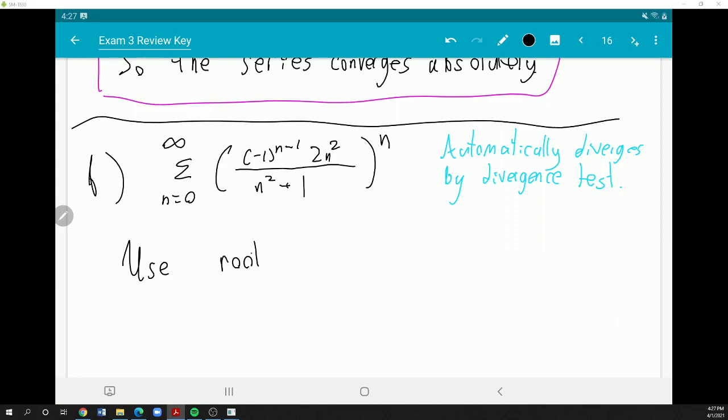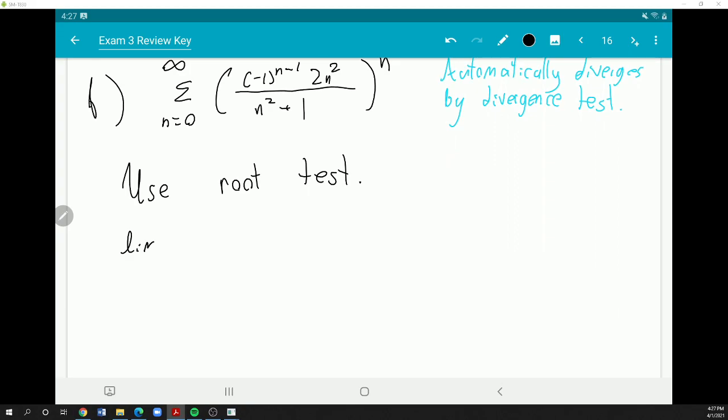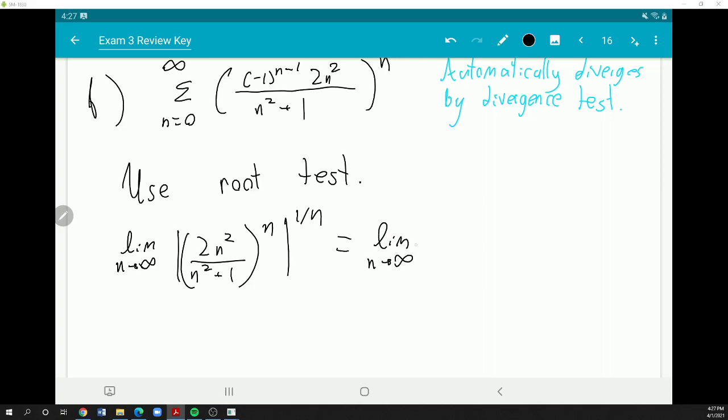So I look at the limit, n goes to infinity, of 2n squared over n squared plus 1 to the n, like that, to the 1 over n. That's the limit n goes to infinity of 2n squared over n squared plus 1, which equals 2.